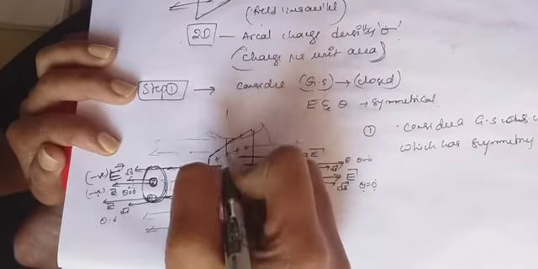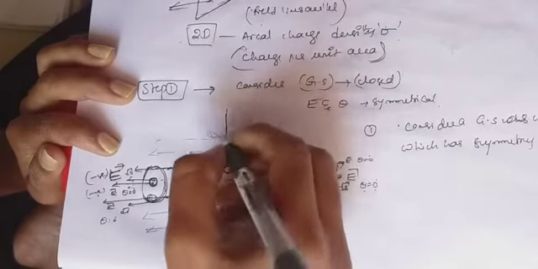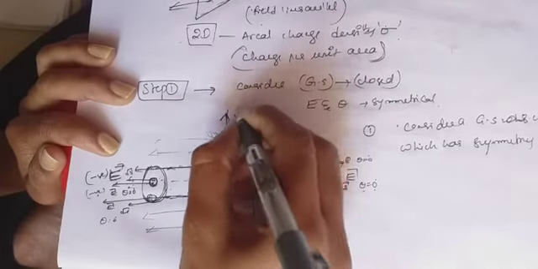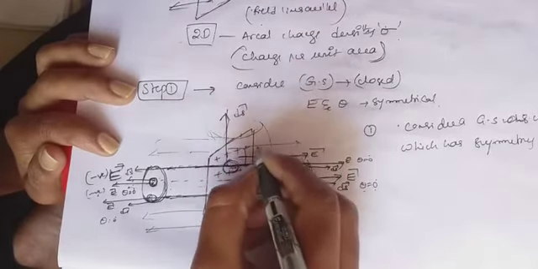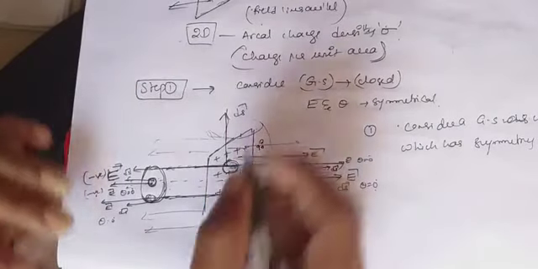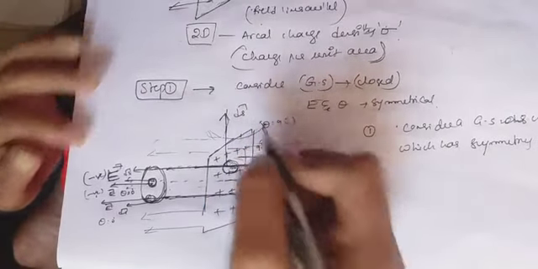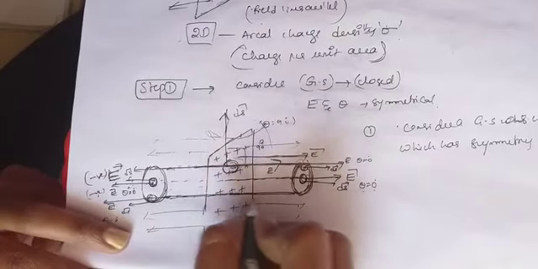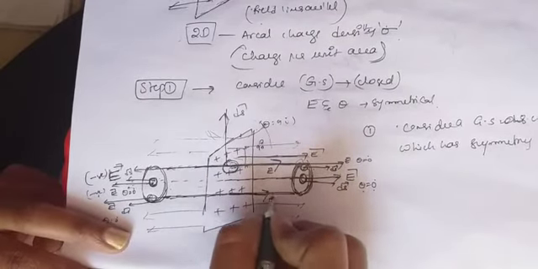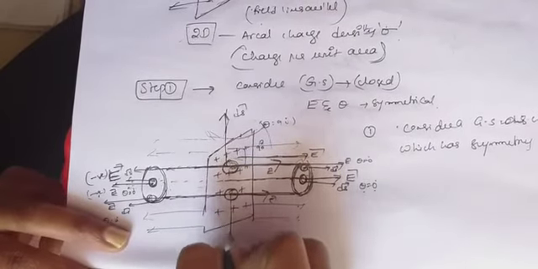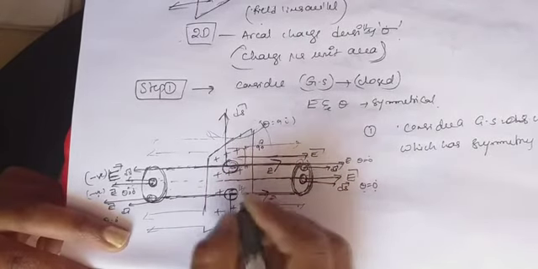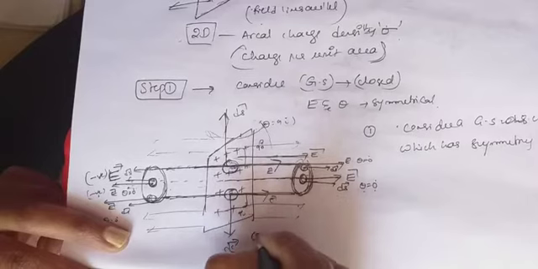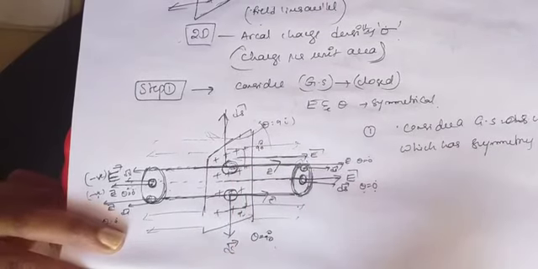The area is like this, and the area vector is perpendicular to the small area. So this is the ds. Here we are getting an angle of 90 degrees, so theta equals 90 degrees. Similarly, at another point, the area vector is perpendicular to the area, so this is ds, and again theta equals 90 degrees.